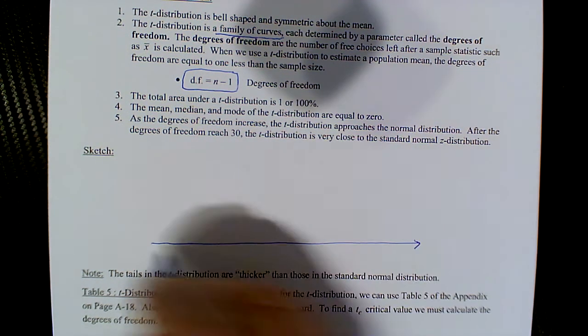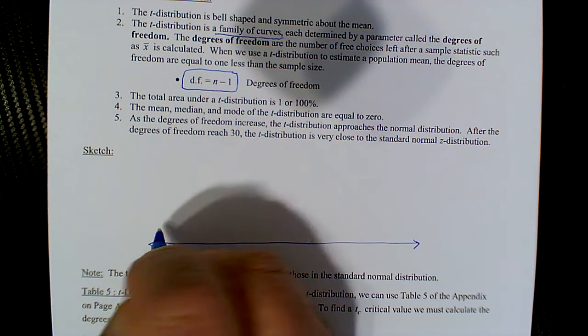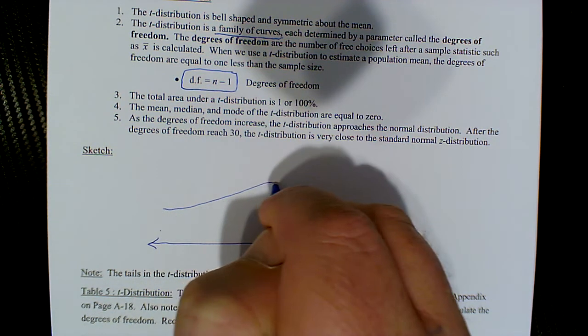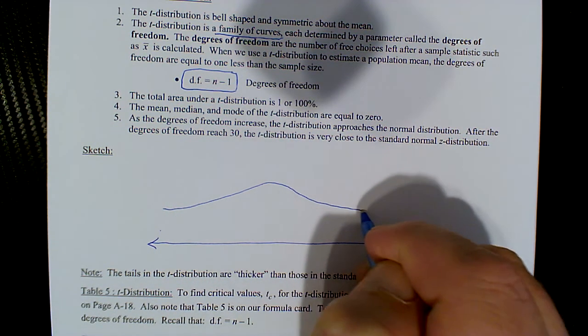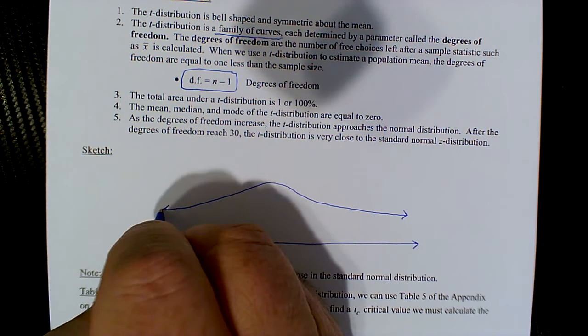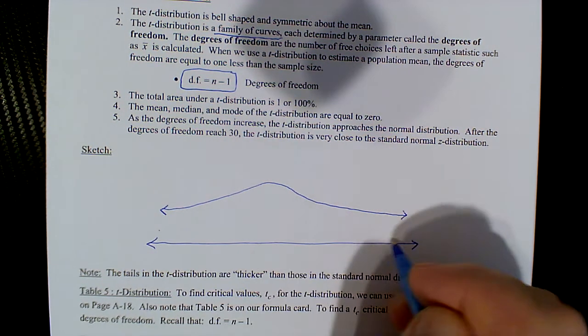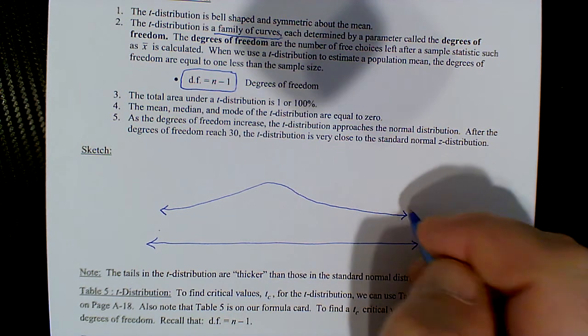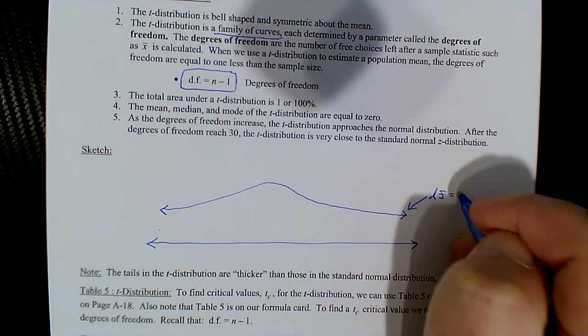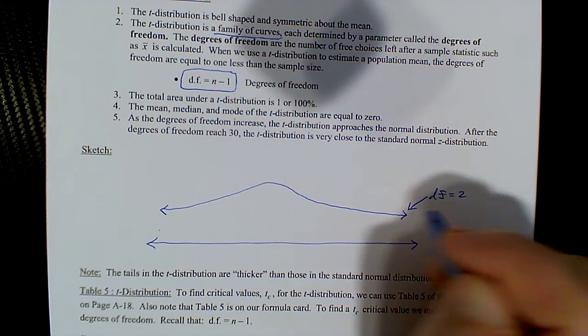So a quick sketch to show that concept. If you have a small degrees of freedom, the t-distribution might be relatively flat, and the tails are thick. It's well above the x-axis, so that might be an example where the degrees of freedom are, let's say, 2, relatively small.